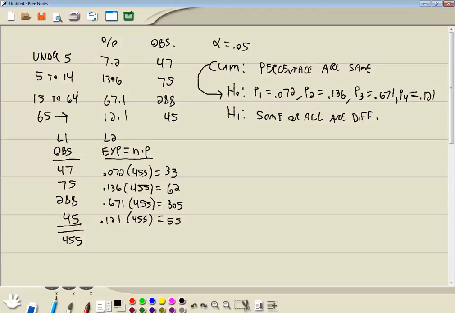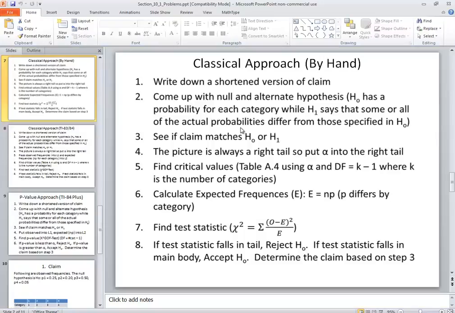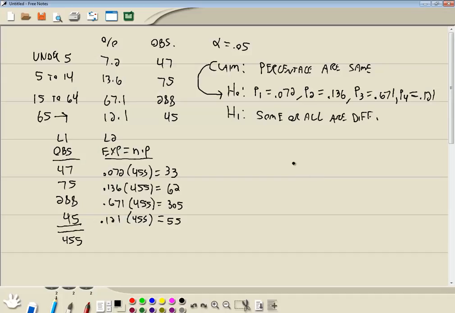So the percentages they give us for the Canadian, that's what we put down for H naught. P1 is equal to 0.072, P2 is equal to 0.136, P3 is equal to 0.671, and P4 is equal to 0.121. And then it tells us that H1 states that some or all the actual probabilities differ from those specified in H0. So H1 simply says some or all are different.